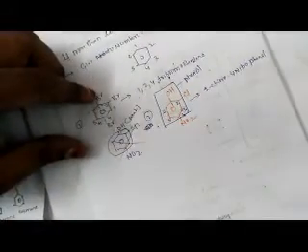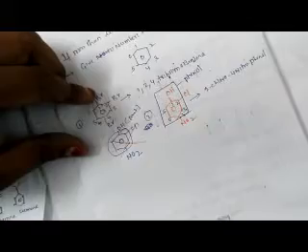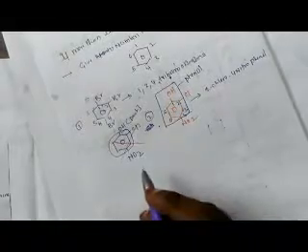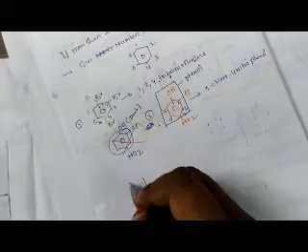Then we will go for the third example. Here this position is substituted with the NO2 group. This position is substituted with bromine. This group is chlorine.